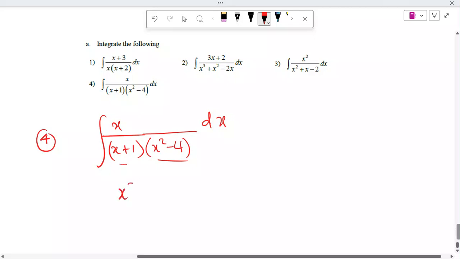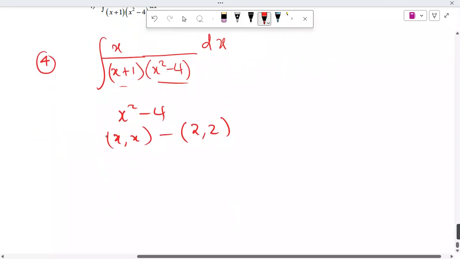So you have x squared minus 4. So we remember this from difference of two squares. This is same as x, x minus, this is 2 by 2. Remember this very well.